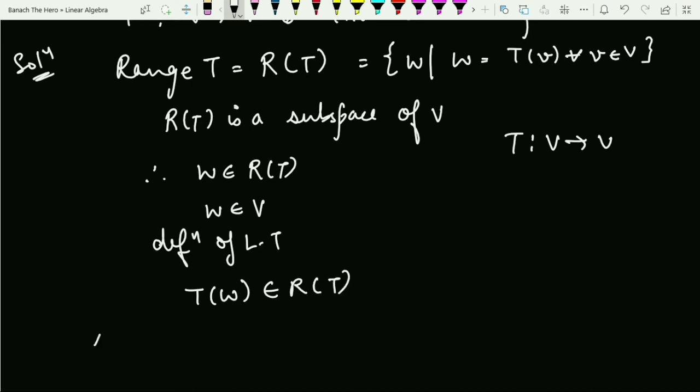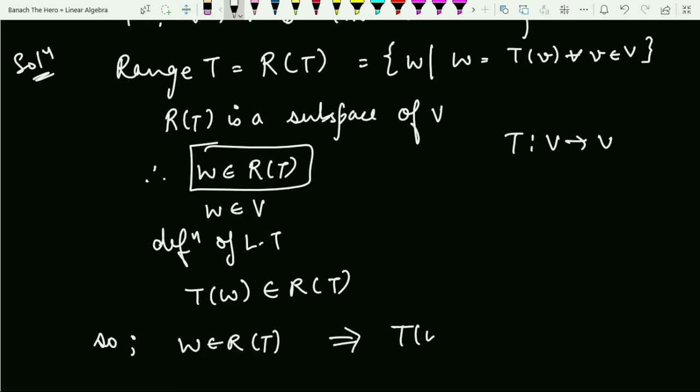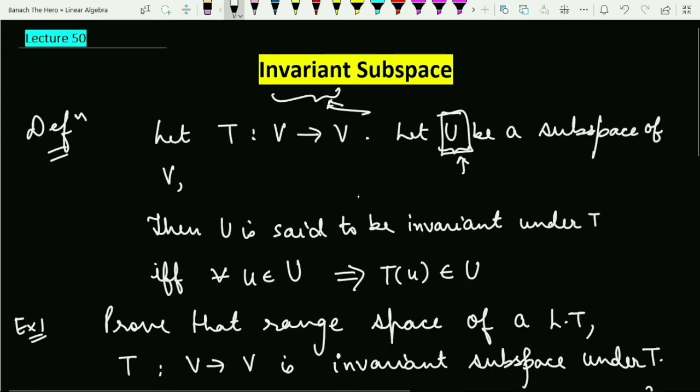So in the beginning we considered w belongs to range space of T, and finally what I proved is that T of w also belongs to the range space of T. So that is the definition of an invariant subspace. You can look into it again.